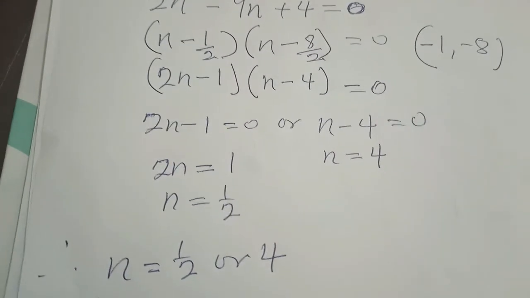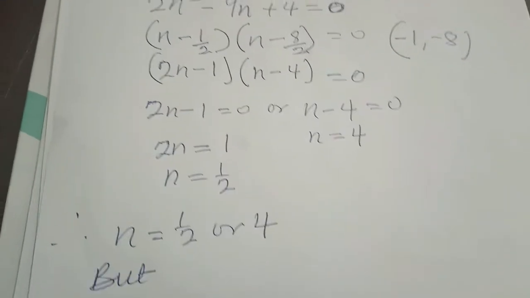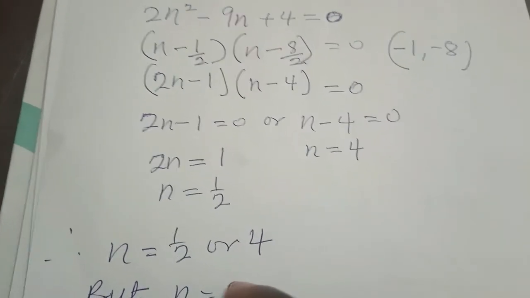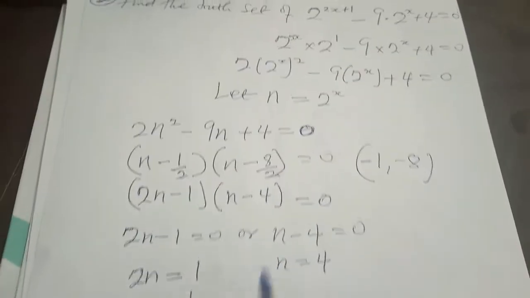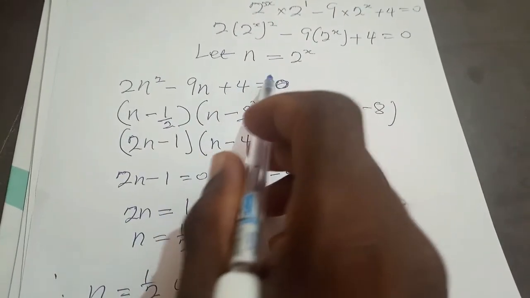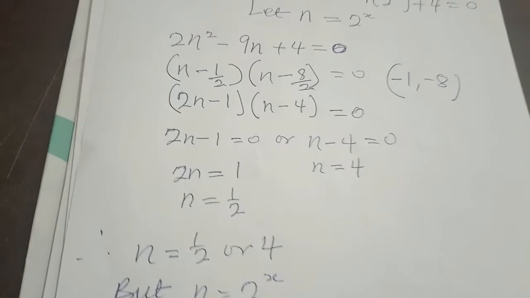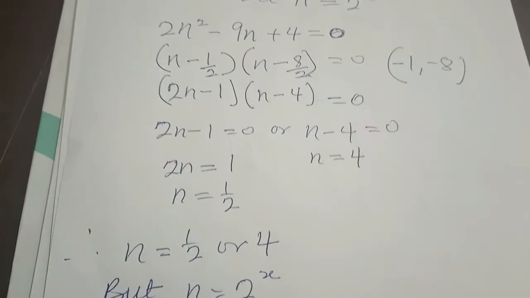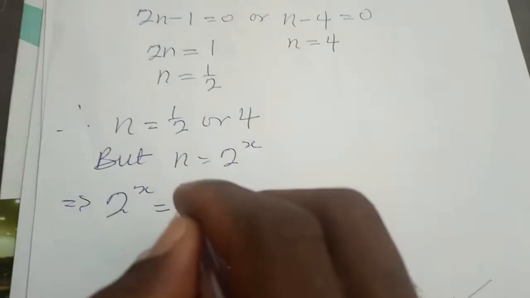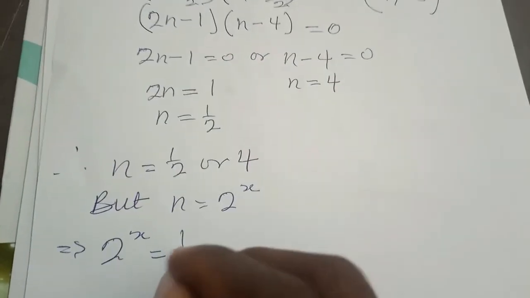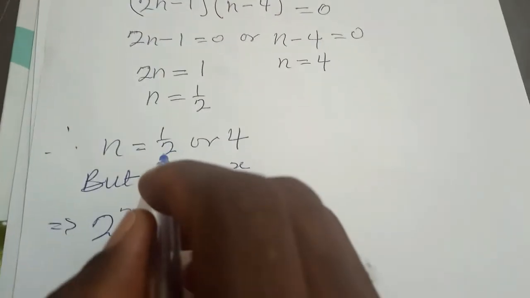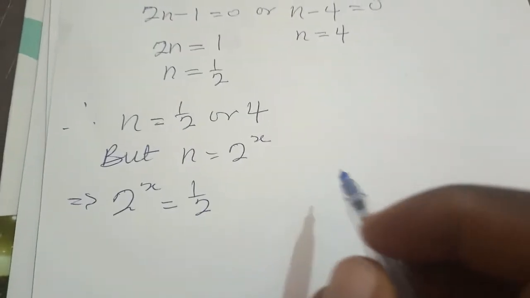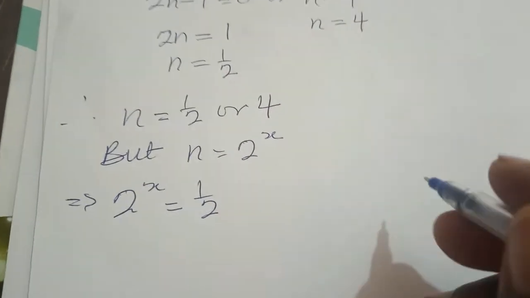So you say that, but n equals 2^x, because we said it here, we will let it be, so we are bringing it back, and that implies that 2^x will be equal to 1 over 2, the first one, and we want to make 2 the common base.